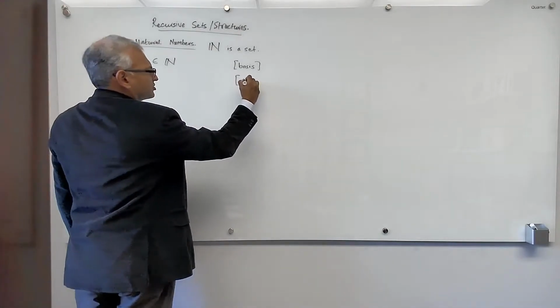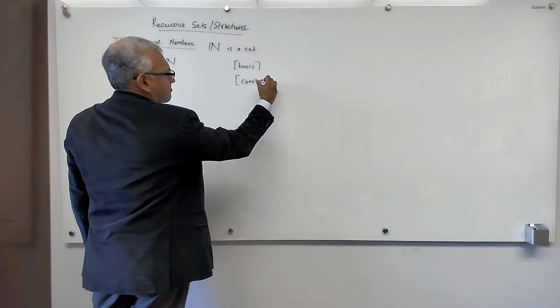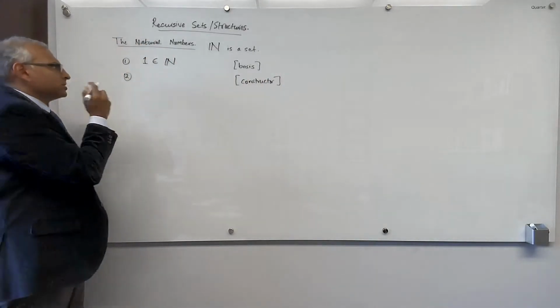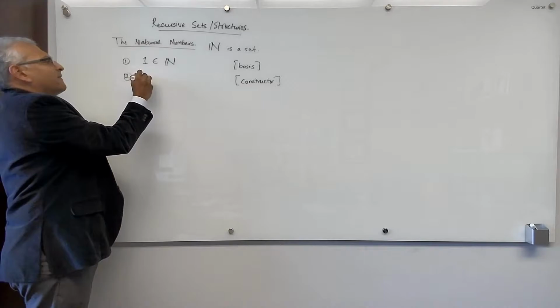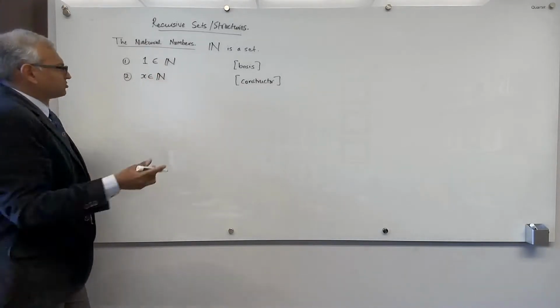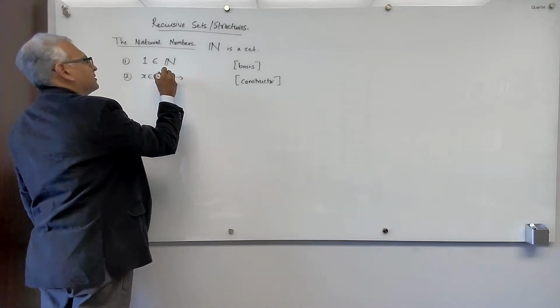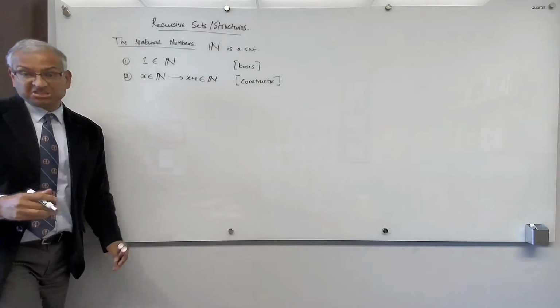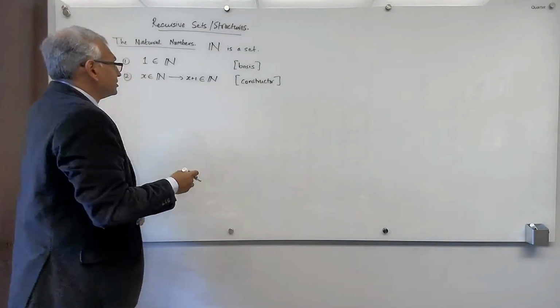So the basis clause, the constructor clause, says that if X is in my set, whatever it happens to be, then X plus 1 is in my set. So that's a rule. It's a constructor rule.